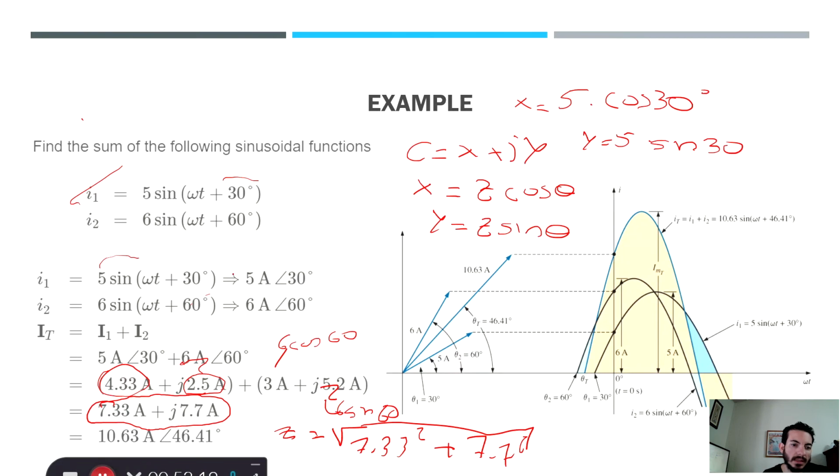So the sum of both waves is 10.63 sine of omega t plus 46.41 degrees. Okay. Which is right here.